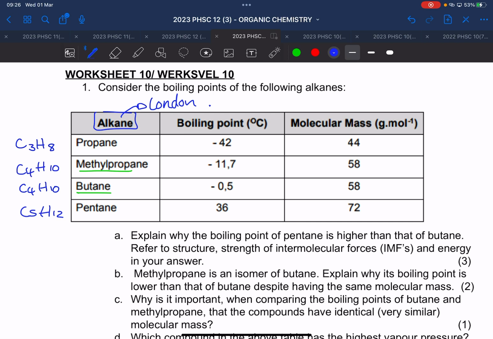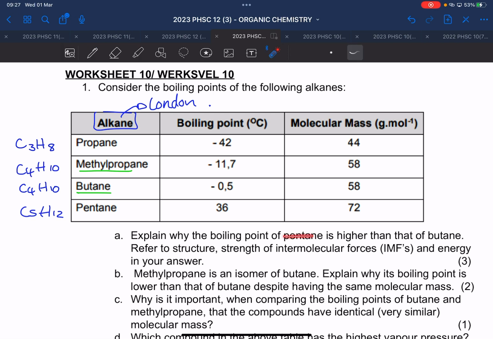Then we can see here that the boiling point increases when we go like this. So we can say that even though these two have exactly the same formula, butane has a higher boiling point than methyl propane. So we know a question is coming there. Alright, now let's ask them. Explain why the boiling point of pentane is higher than that of butane.